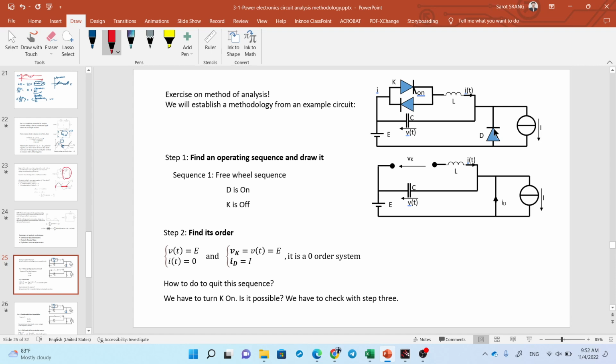Okay, I'm going to show another way of analysis, which is to derive the differential equation. Once you make an assumption, once you figure out which switch is turned on, which switch is turned off. Okay.